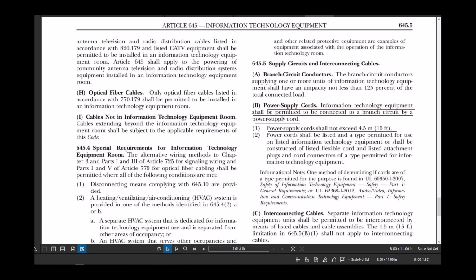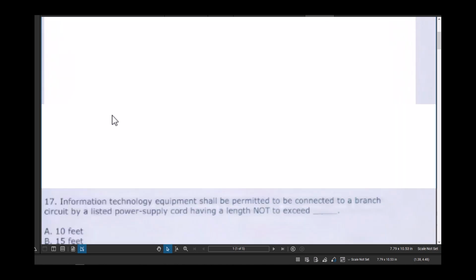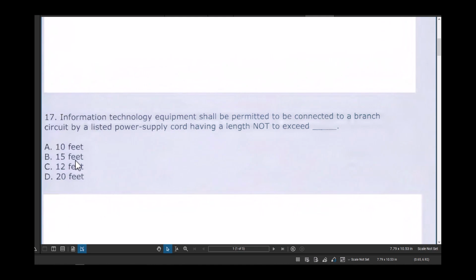And the answer is it should not exceed 15 feet, which is B, the correct answer.